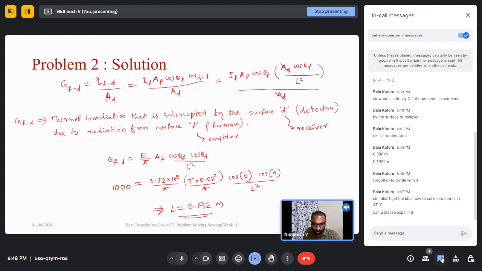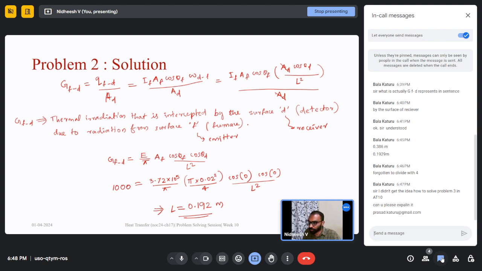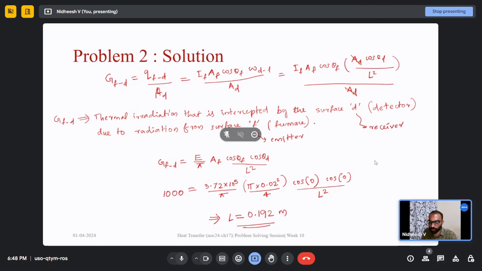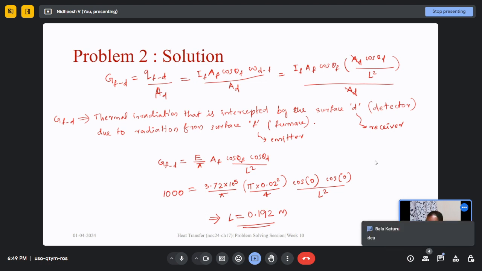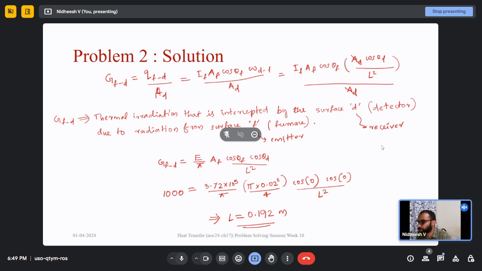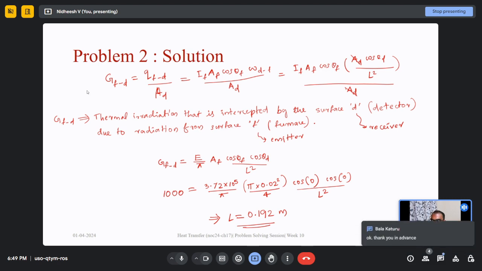I will check the problem after this session and give you the approach we can use to solve it. Problem 3 in assignment 10, right?